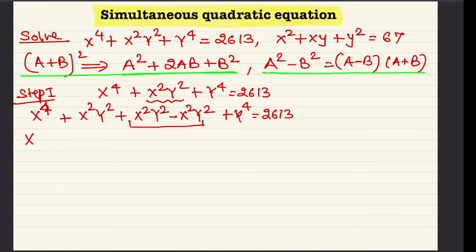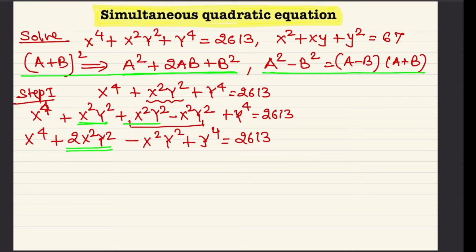Now we'll write it: x square y square plus x square y square will add up to 2x square y square, minus x square y square plus y power 4 is equal to 2613.